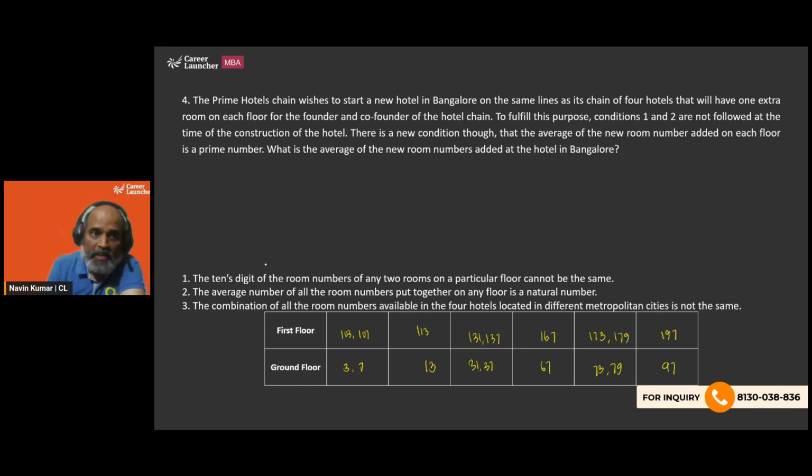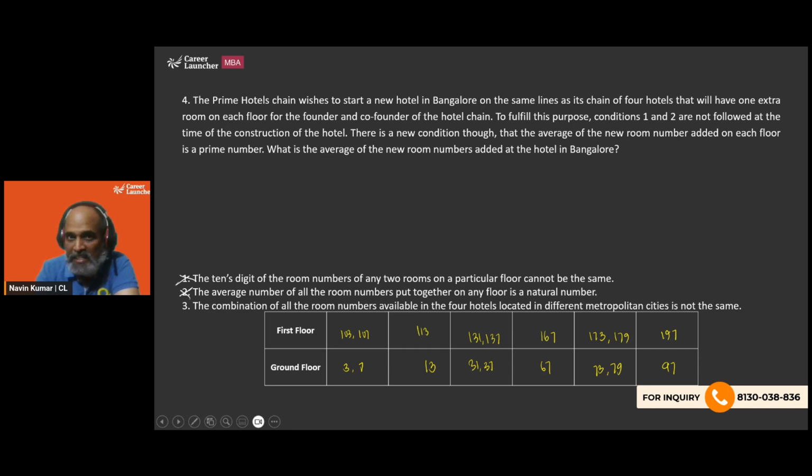The first one was the 10th digit of the room numbers of any 2 rooms on a particular floor cannot be the same. So this should be removed. Second, the average number of all the room numbers put together on any floor is a natural number. Again, not allowed. So the only condition permitted is the combination of all the room numbers available in the 4 hotels located in different metropolitan cities is not the same.